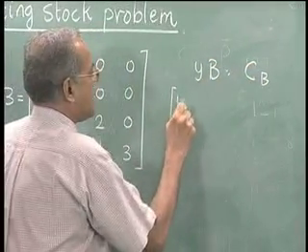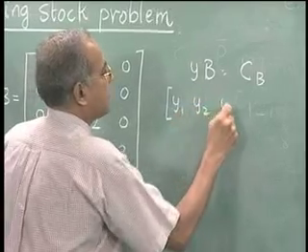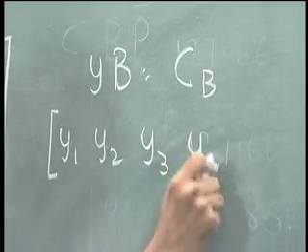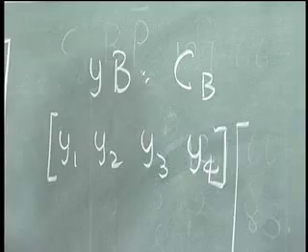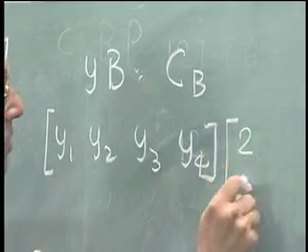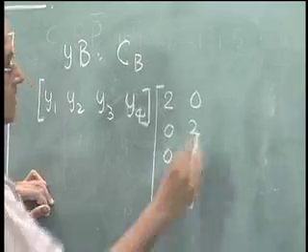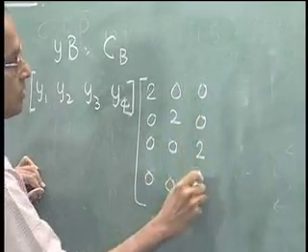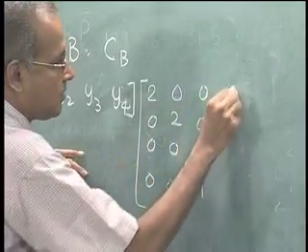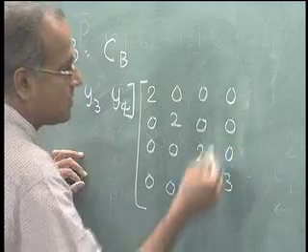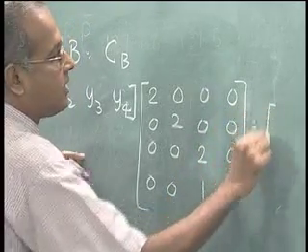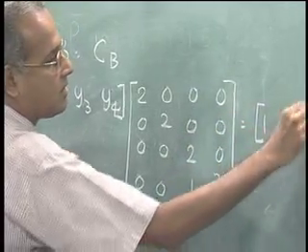We call y as y1, y2, y3, y4 into the basis 2 0 0 0, 0 2 0 0, 0 0 2 1 and 0 0 0 3 is equal to Cb, which is 1 1 1 and 1.